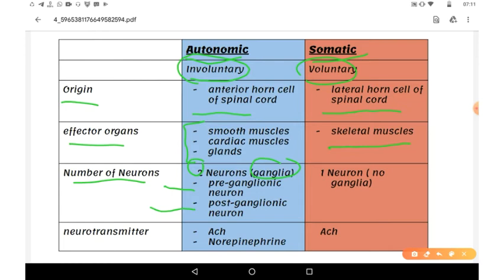While the somatic nervous system has no ganglia, it has only one long neuron. The neurotransmitters in the autonomic are acetylcholine, norepinephrine and epinephrine, while somatic has only acetylcholine.